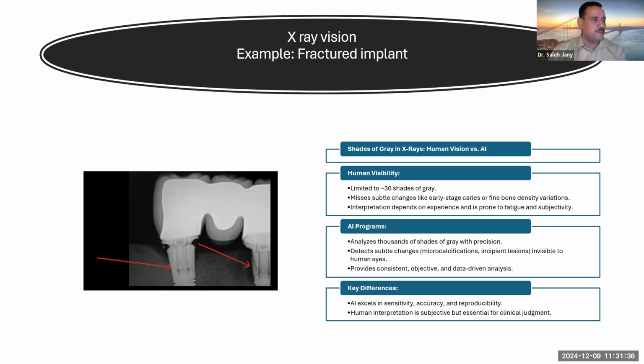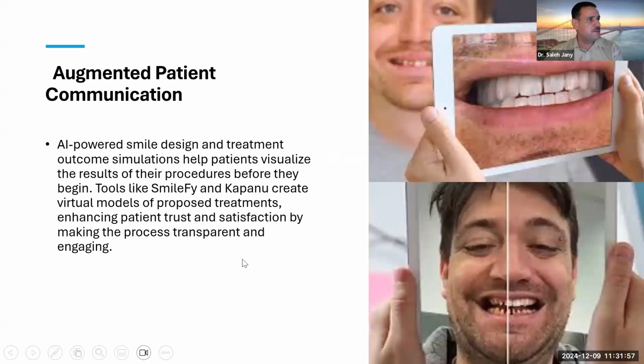Some dentists and oral surgeons can miss that fracture because, as I told you, the shade of gray, how much gray, and if you have inflammation might affect the X-ray resolution, so AI is going to help you with that diagnosis too.